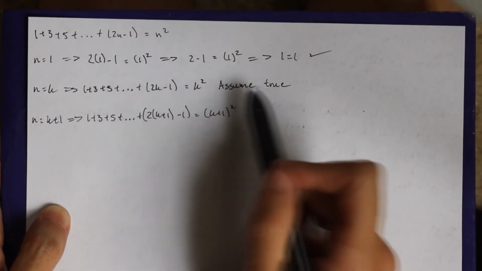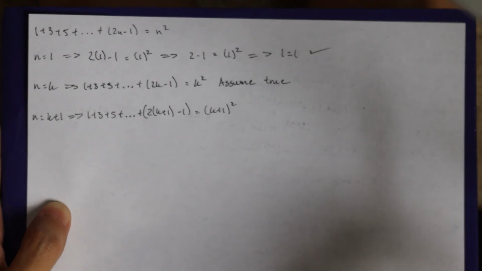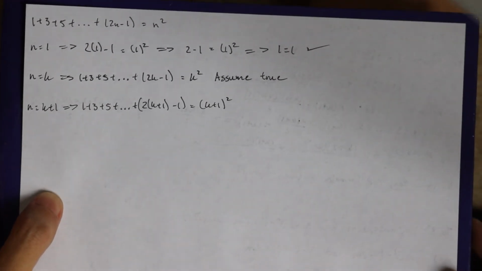So what we can do is we can actually add 2 times k plus 1 minus 1 to both sides of the equation.